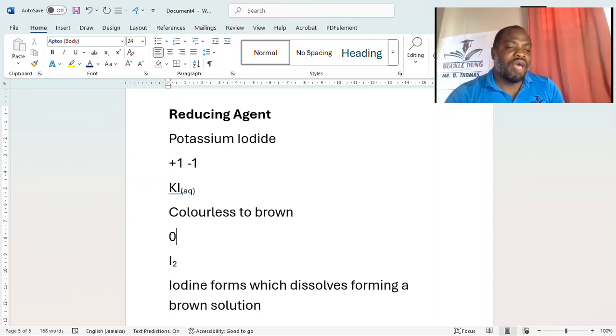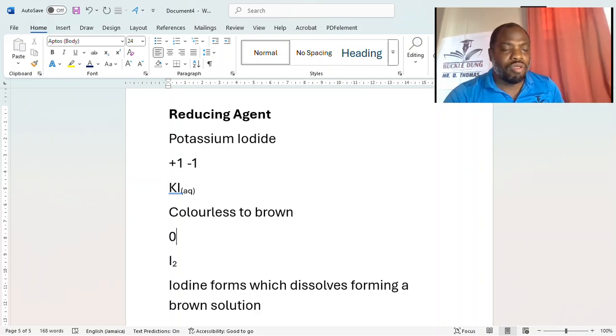Again, what would have happened is that the electron that the iodine would have accepted from the potassium, whoever is coming that is more reactive would have caused it to give back that electron, and then they take it from the potassium, and so you find that it goes back into the atom state where it no longer has that one electron.